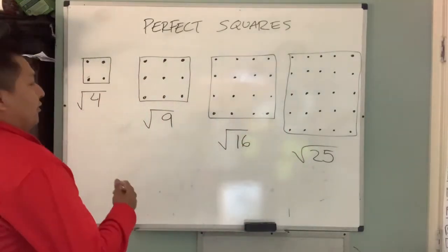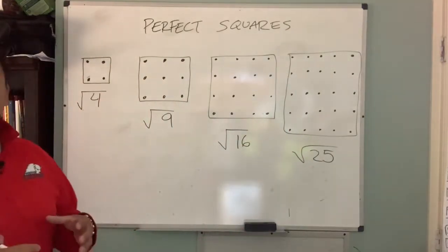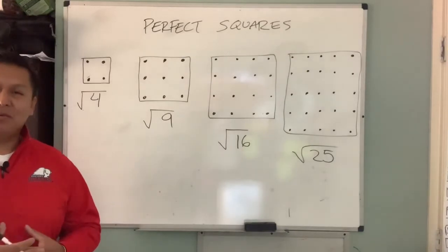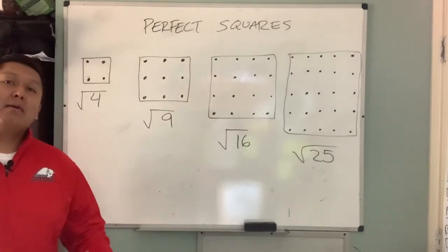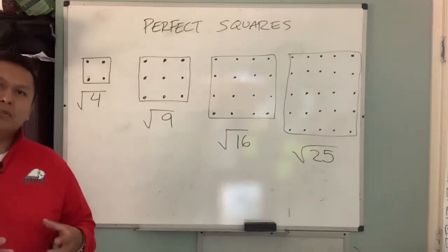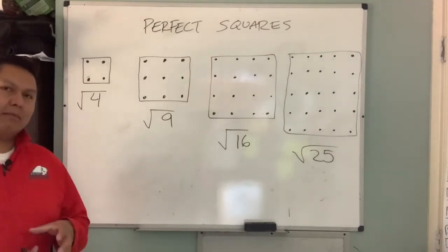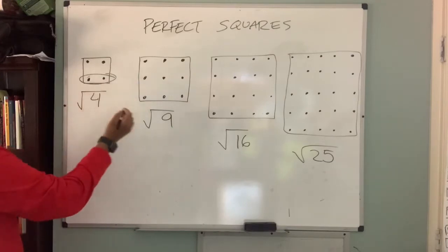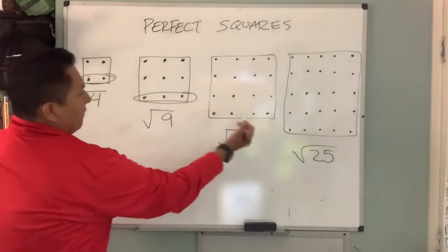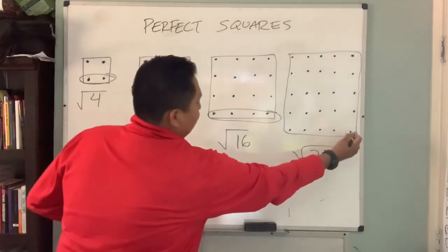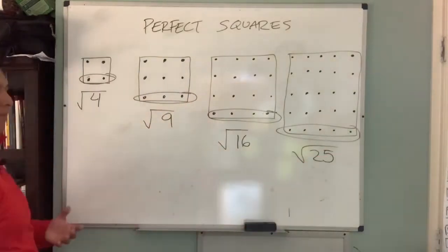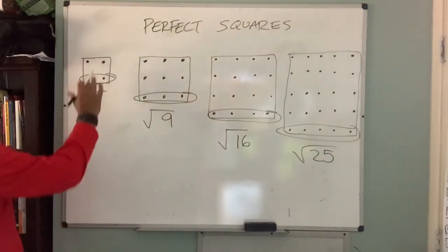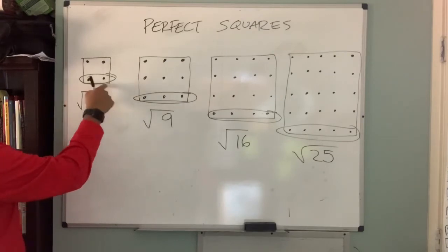Now, just like a tree, you look at a tree, what is holding the tree down? What is giving it its life supply? The roots. So the roots are located at the bottom of the tree trunk underneath the ground. So this would be the roots, the bottom row. So if you really think about it, the square root of 4 is going to be 2.